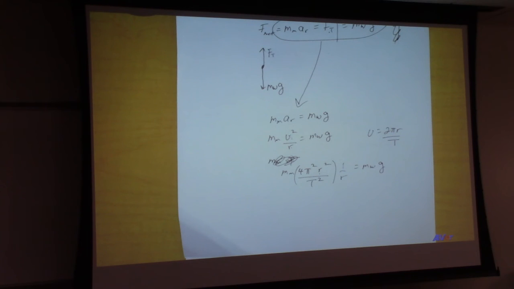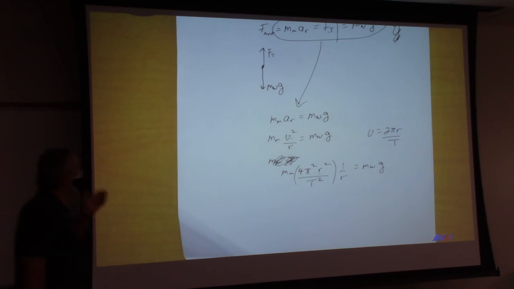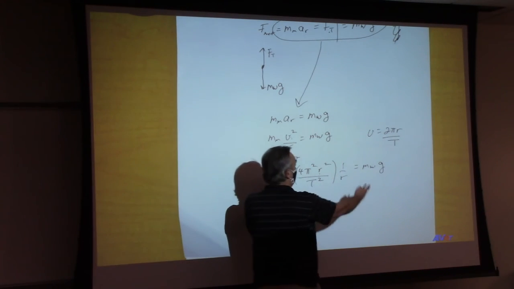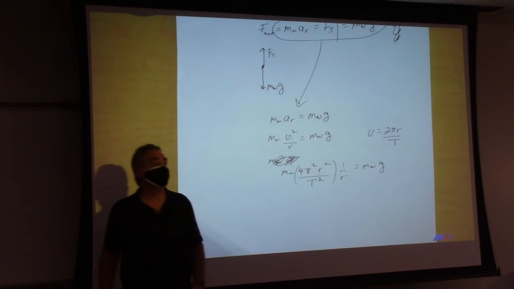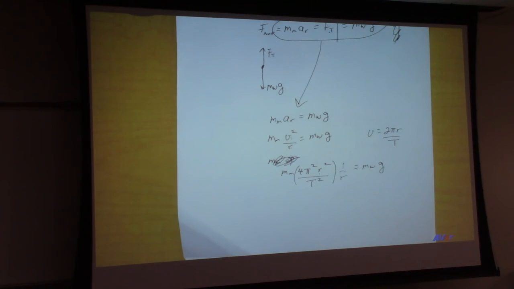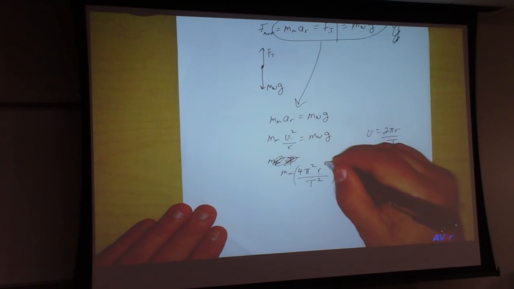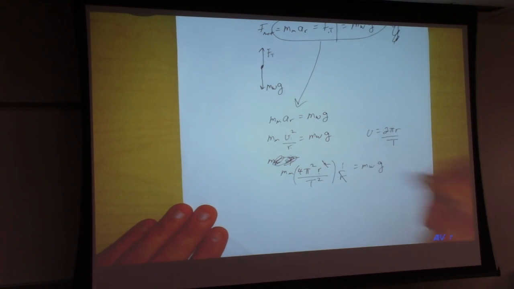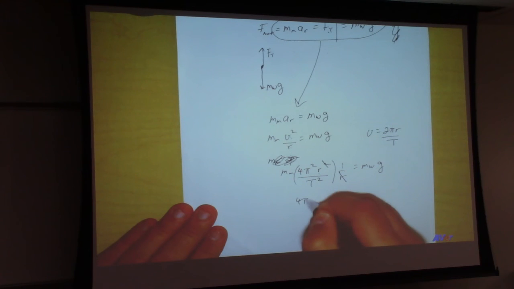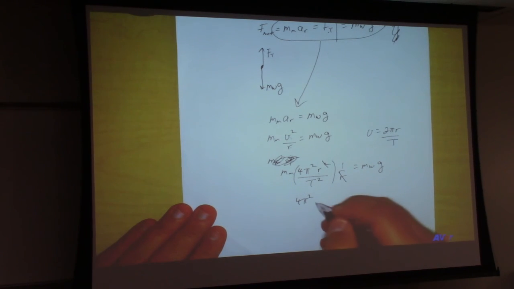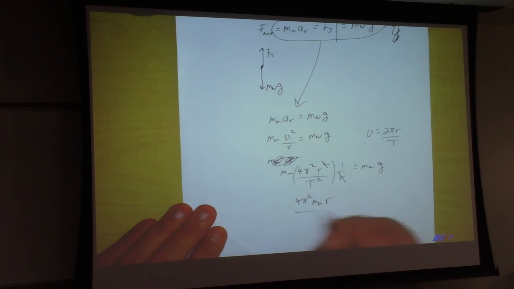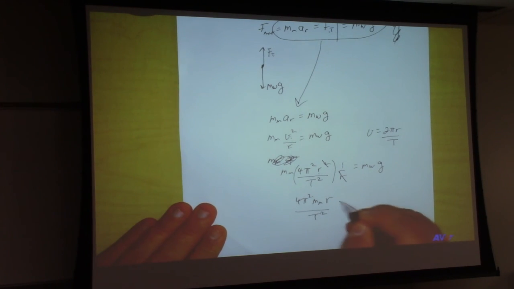What I'm trying to do, my motivation for doing this, is to have an equation that involves T and all these different variables to see how they relate to each other. So one of these r's cancels out. So 4 pi squared moving mass times r over the period squared is mass of the washer times g.